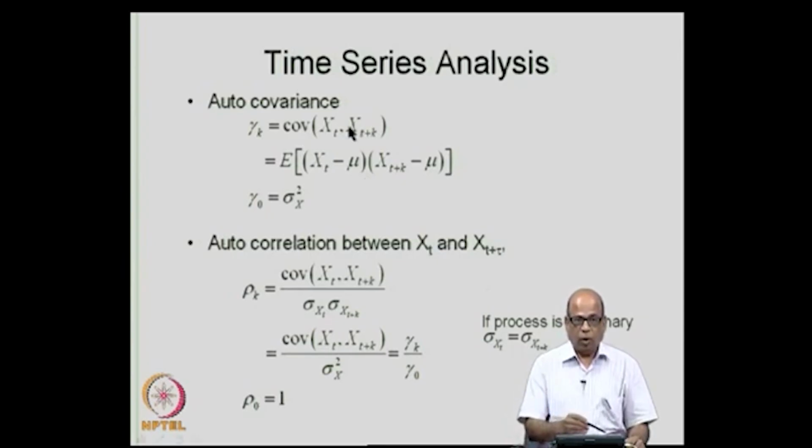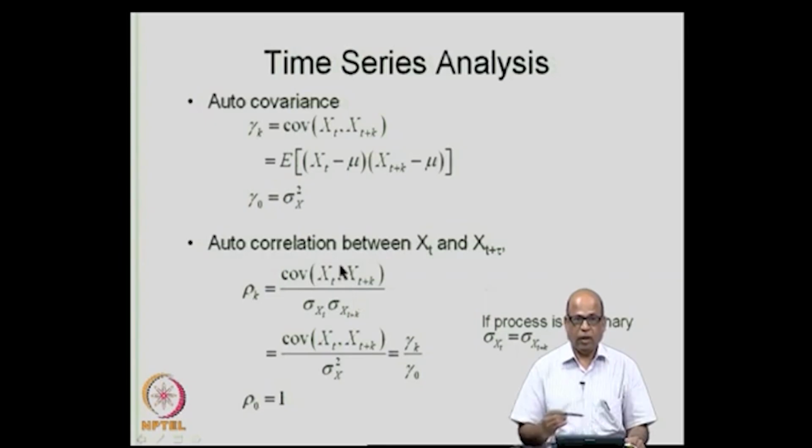Then we define the autocorrelation. What did we define the correlation as? Correlation coefficient as covariance between x and y divided by sigma x sigma y, that is a normalized covariance. So, much the same way we define the autocorrelation as covariance between x t and x t plus k divided by sigma x t and sigma x t plus k.